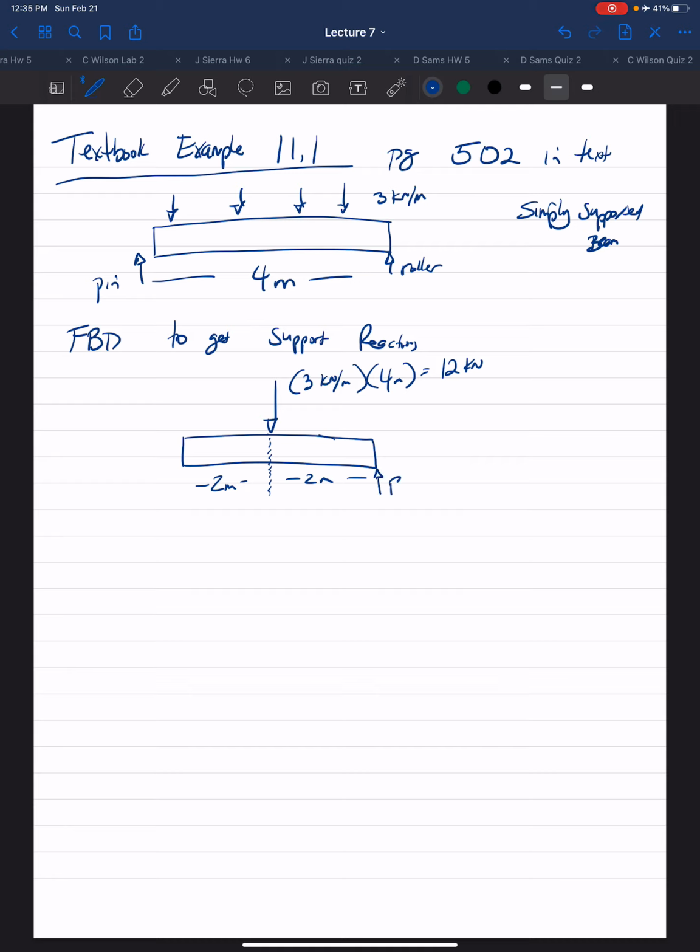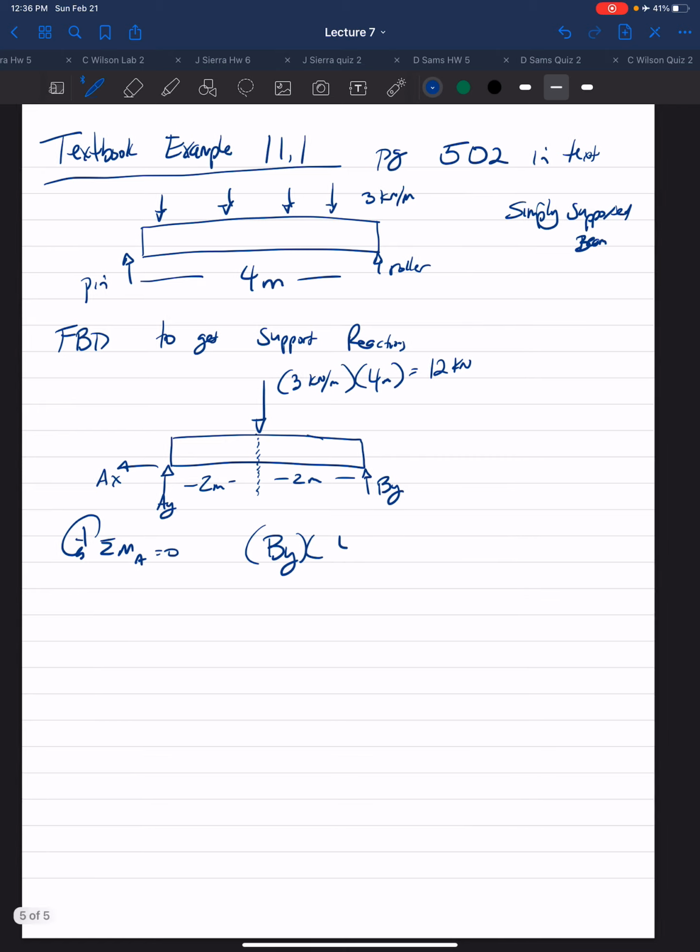We'll call this BY for the roller, and we have an AY and an AX for the pin. So if we take the moment about point A, set it equal to 0 for our equilibrium conditions, counterclockwise is positive, clockwise is negative.